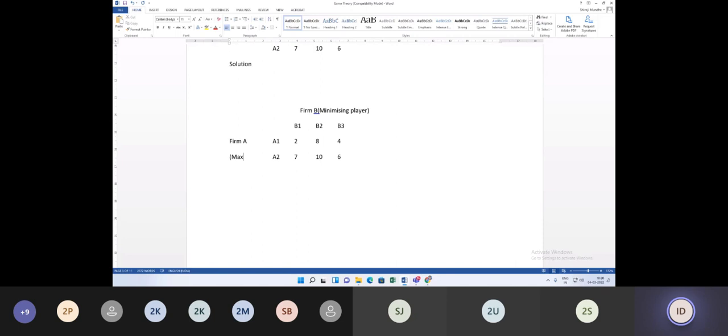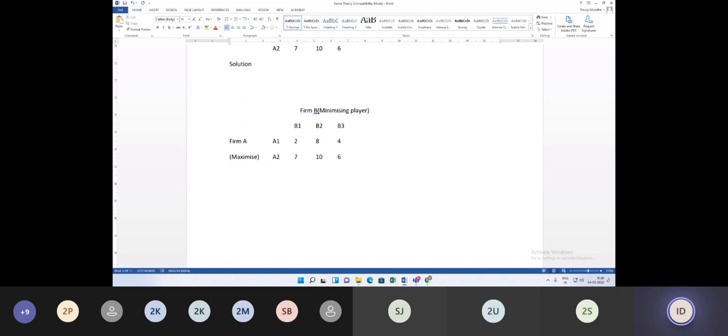Now we have to find out the minimum from the row.